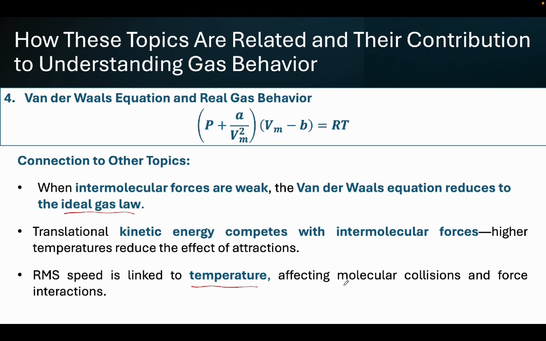Now, together, these concepts create a hierarchical understanding of gas behavior. The ideal gas law provides a simple macroscopic model. The van der Waals equation refines the model for real gases. Kinetic energy and the root mean square speed explain more on molecular motion, pressure, and temperature.